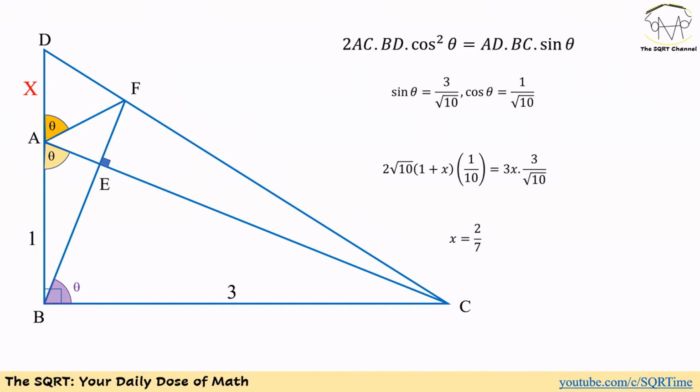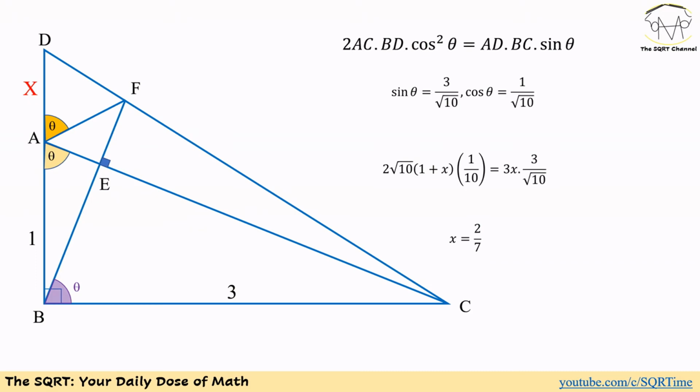Now we have sine of theta and cosine of theta. Let's replace these values in the equation that we have here. We have 2 times AC, and we know that AC is equal to the square root of 10. We have BD, which is equal to 1 plus x, and we have cosine squared of theta. We saw that cosine of theta is equal to 1 over the square root of 10.